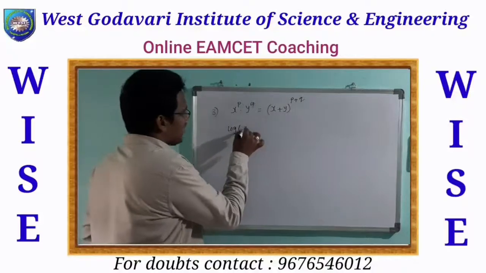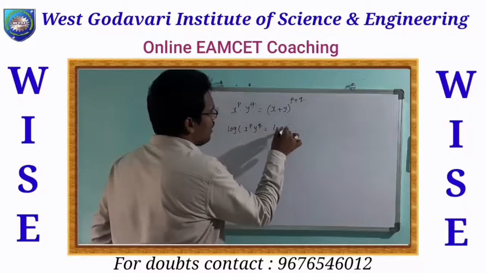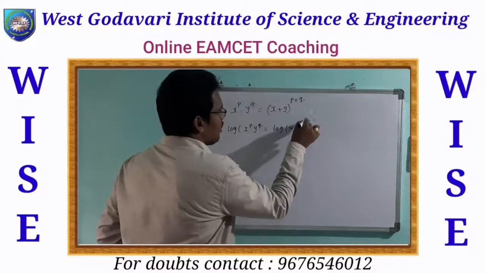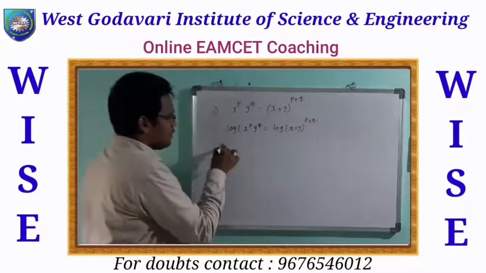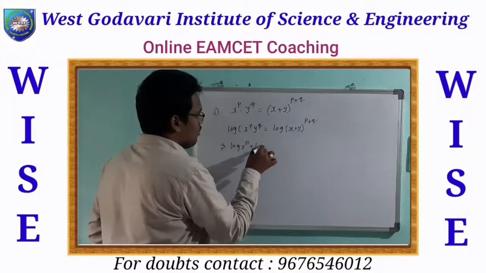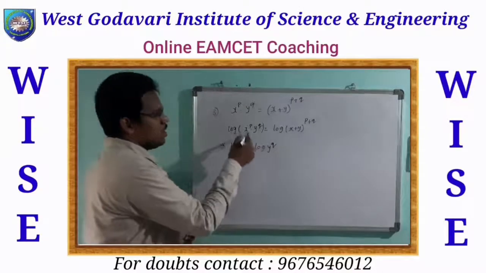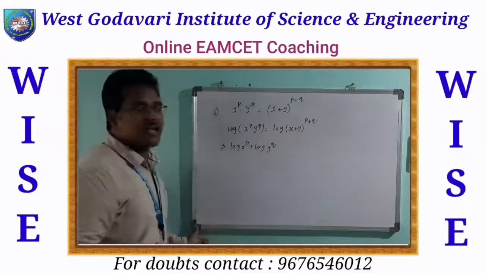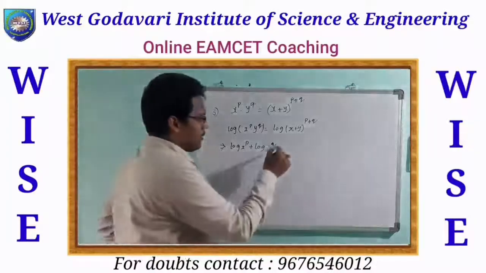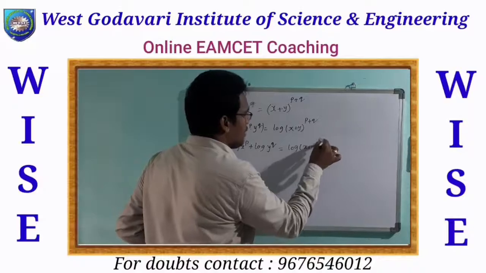So log of x power p into y power q is equal to log of (x plus y) whole to the power of p plus q. This implies log x power p plus log y power q, because of the logarithmic property that log of a into b is log a plus log b, equals log of (x plus y) whole to the power of p plus q.